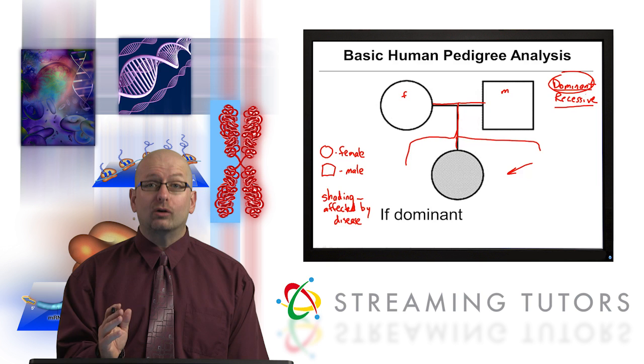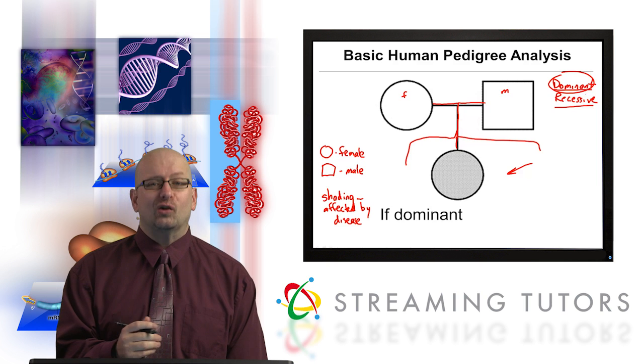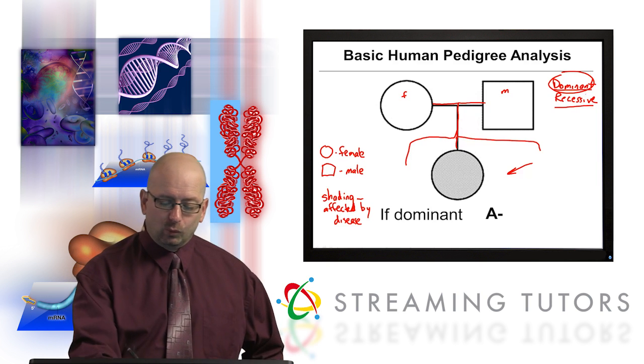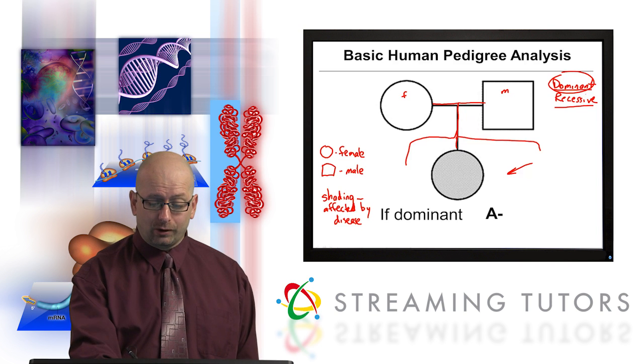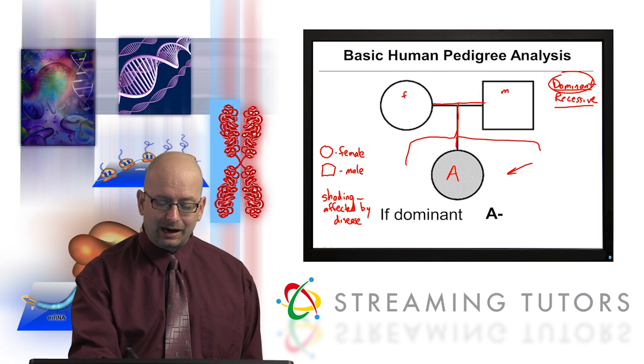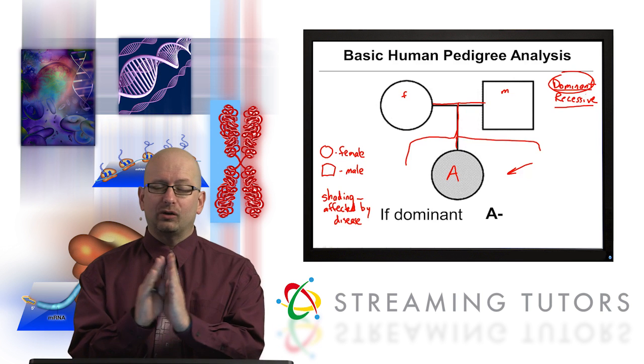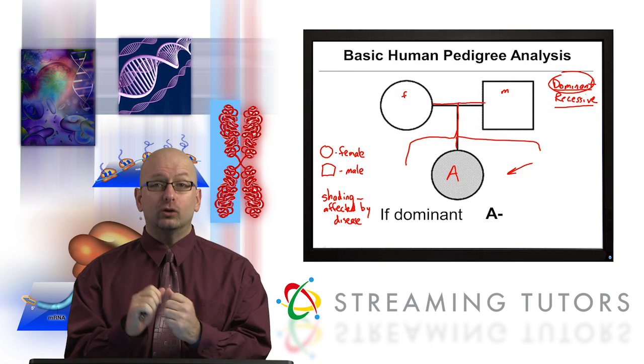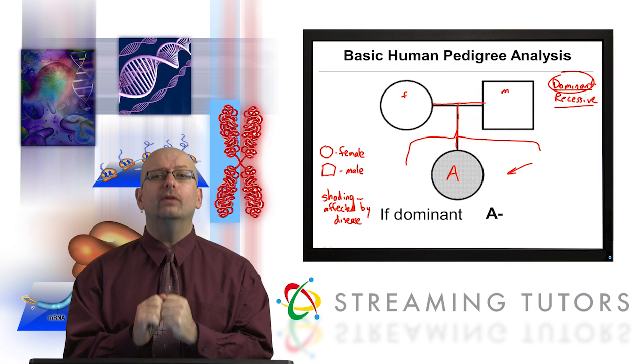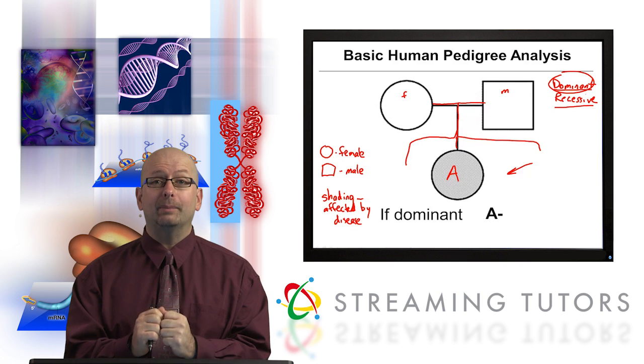And let's arbitrarily use the letter A just because it's first. What we know about this girl is that she would have to be carrying at least one big A. I just want to make this 100% clear. We're going under an assumption, a hypothesis, that this allele is inherited in a dominant fashion.